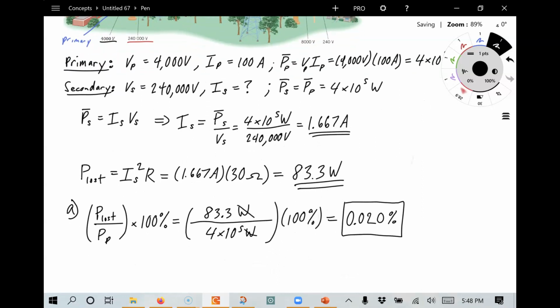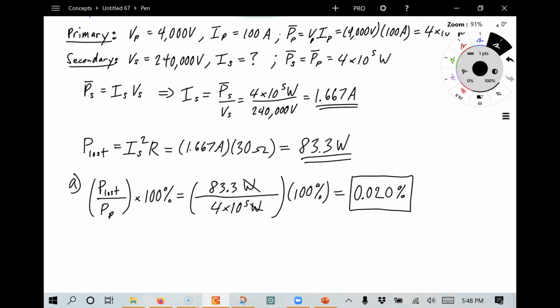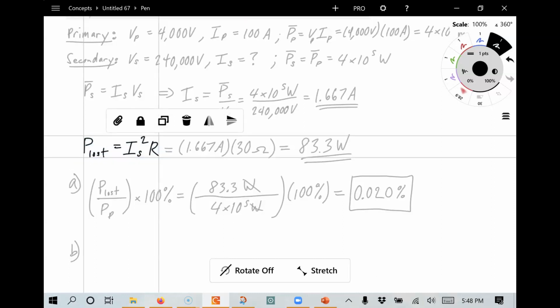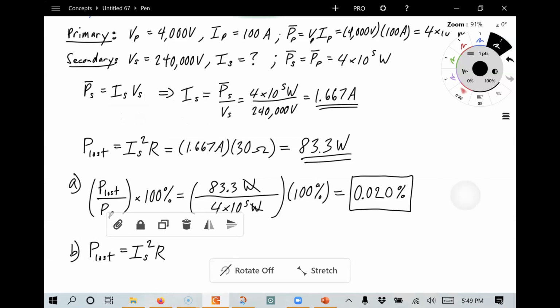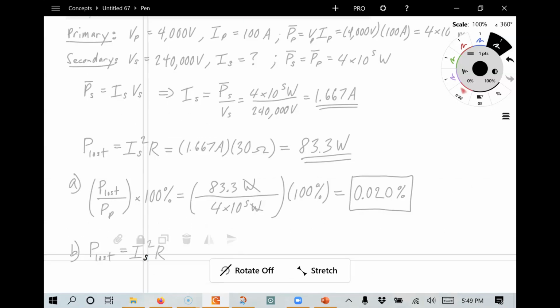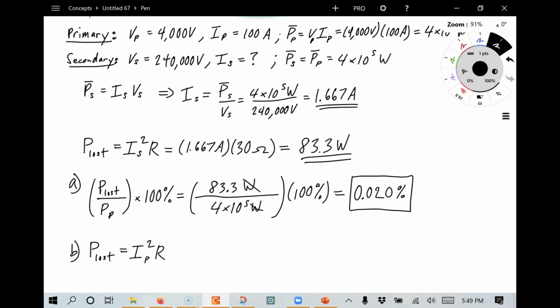Now, let's see what the case would be if we didn't use the transformer. If we didn't use the transformer, then we would have the large current, 400 amps, that would need to go through the transmission wires. Let's calculate how much power is lost if we have that high of a current. Notice that the current is squared, and that makes the current hugely impactful in terms of the power that is dissipated and lost in the transmission lines.